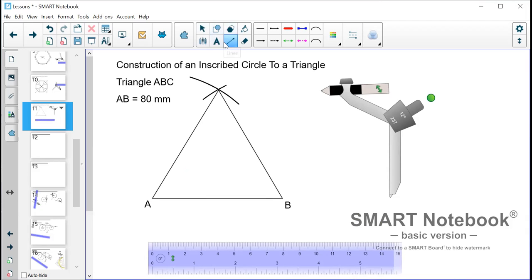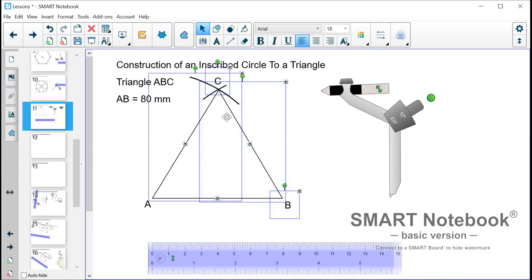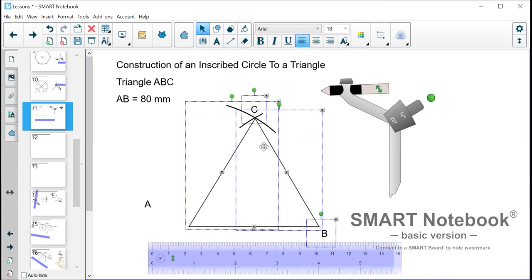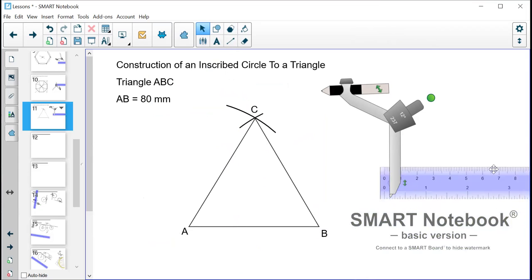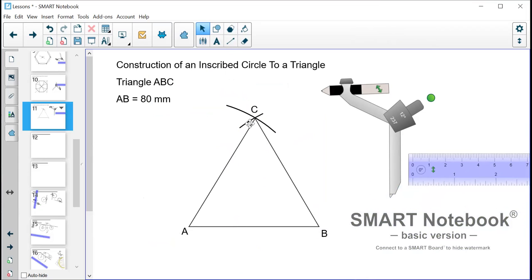All right, so the top there would be labeled as C. Now let me just bring this down a little bit to the bottom. Good.